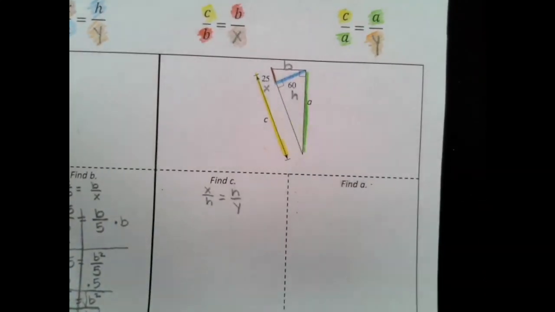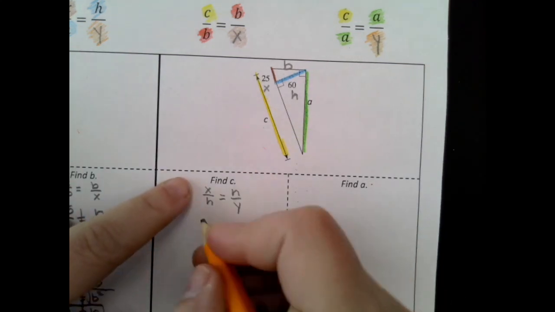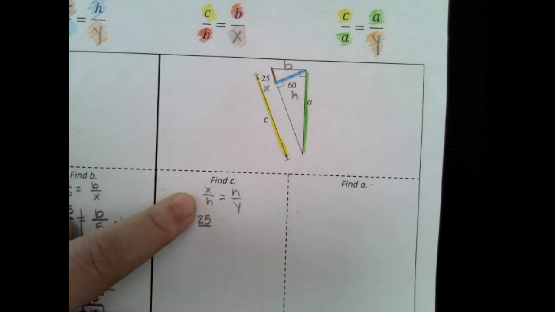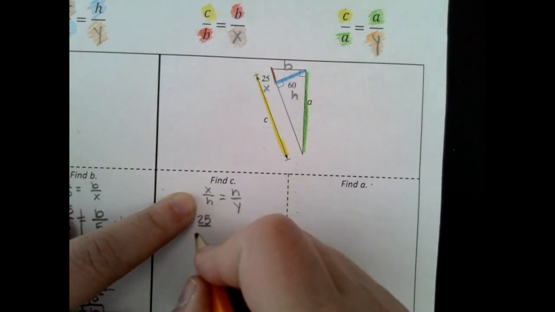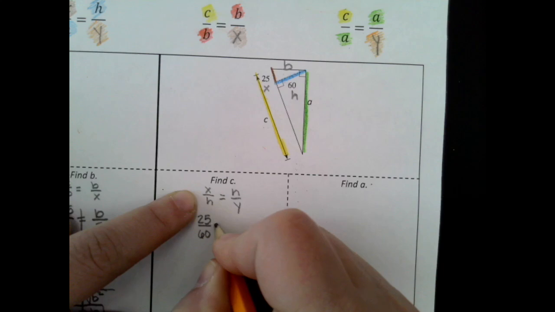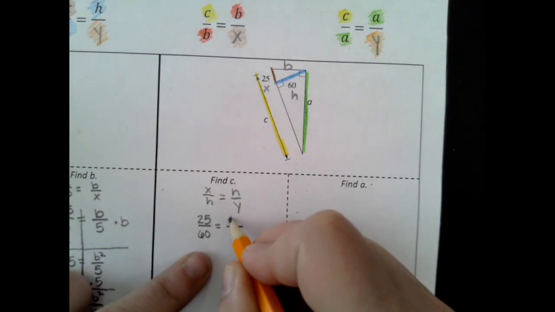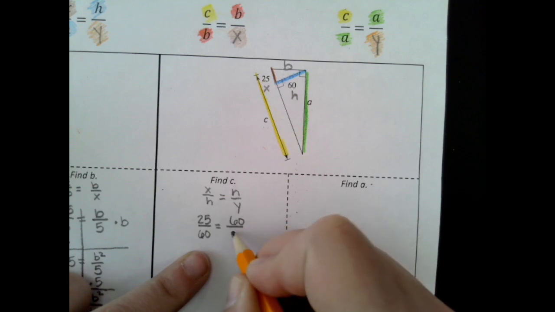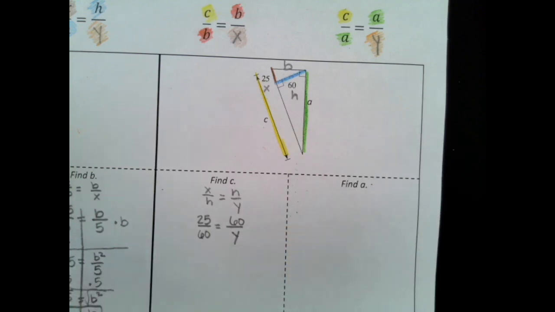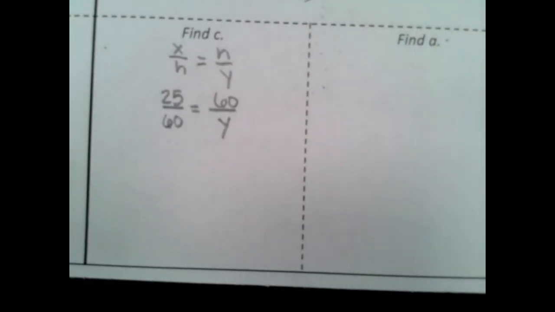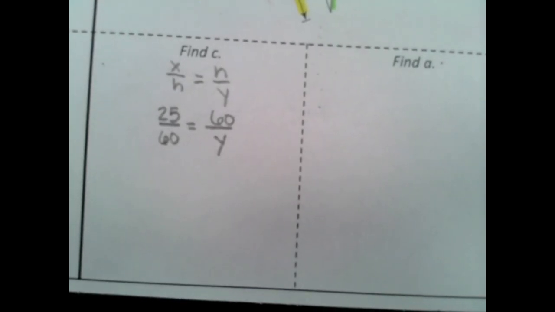So as we take a look and we fill in the numbers, what is our X? 25. So 25 over, what's our H? 60 equals, and then our H again, 60 over, we don't know our Y. All right, this time it's a little bit easier of a proportion.